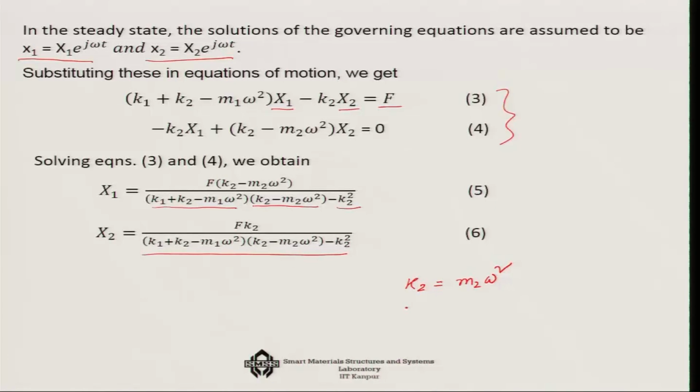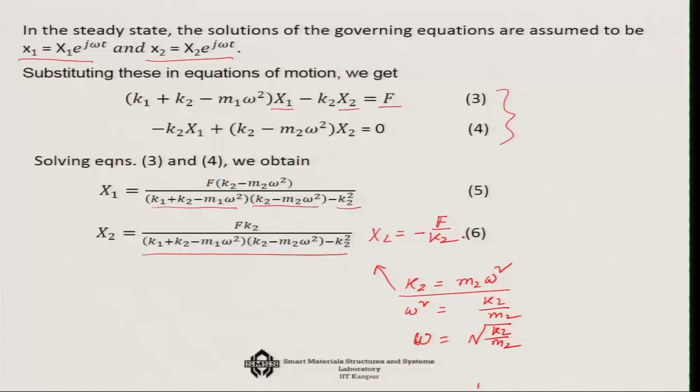That means omega square becomes k2 over m2, so omega is the square root of k2 over m2. That is the natural frequency of the secondary system. If I use this condition, k2 equals m2 omega square, then in this particular case X2 would become minus F over k2.